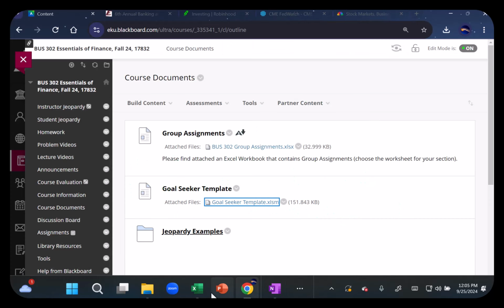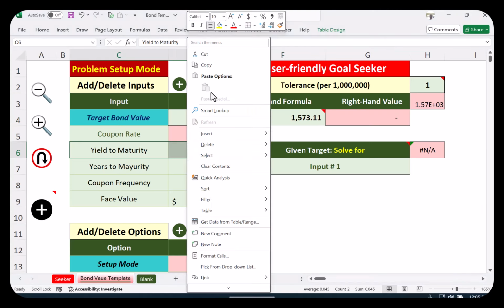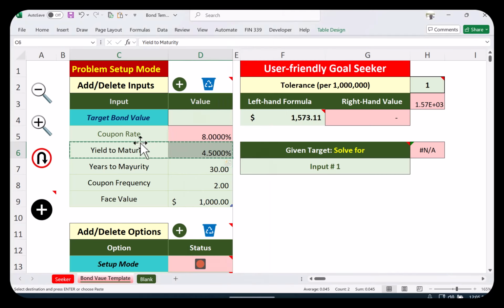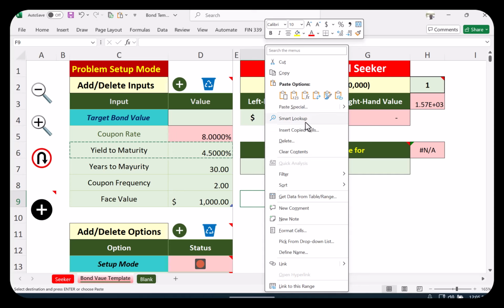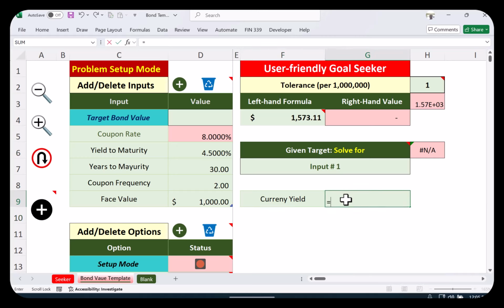Since we're going to look at those, I might as well make that calculation. Let me copy these. I'm going to take the face value times coupon rate divided by bond value.